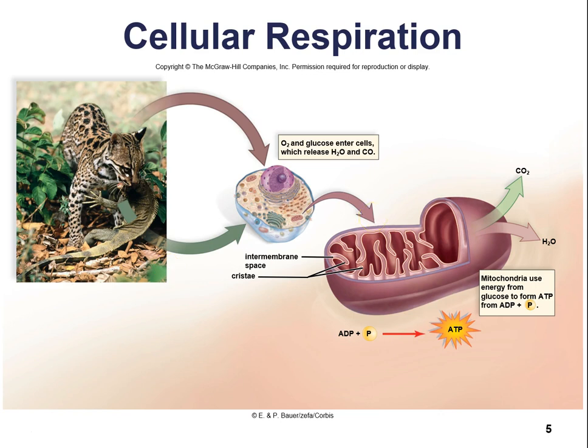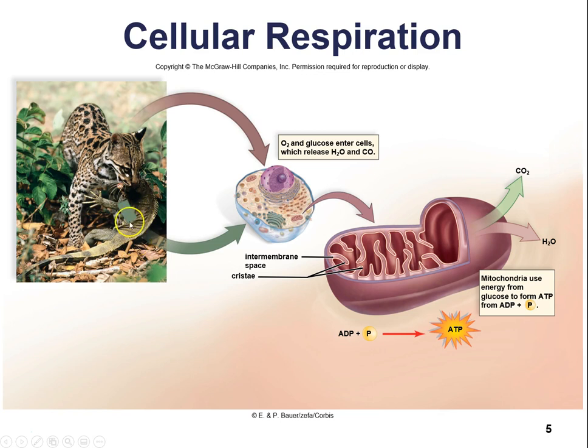Here we're showing a cute little cat. It's an ocelot. So obviously, he's going to require oxygen. He's going to be doing lots of cellular respiration, which requires lots of energy. So this is showing you that oxygen, when he breathes, when he inhales and takes that oxygen in, also, well, what does he have there? I guess he's got an iguana or something that he's eating.